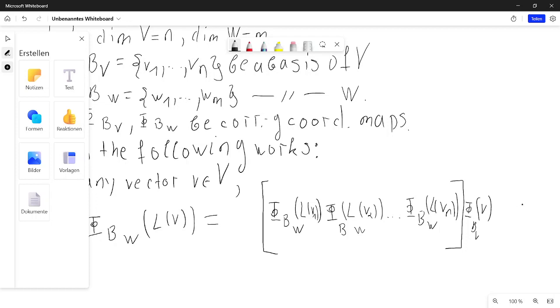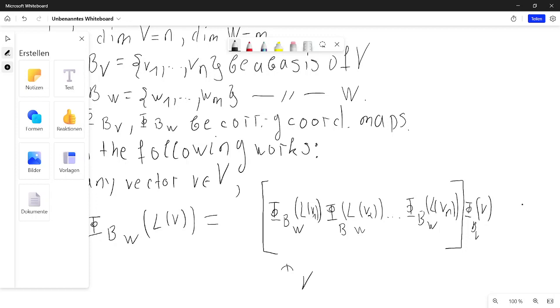Those column vectors are in k^m times 1 because they have m entries corresponding to the m coordinates in the space, and we have n columns in total.